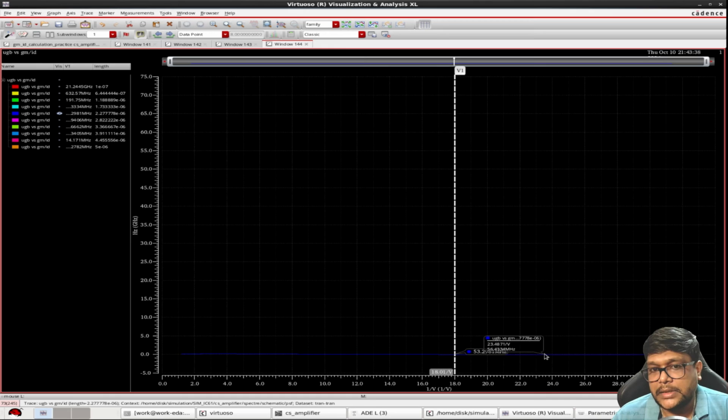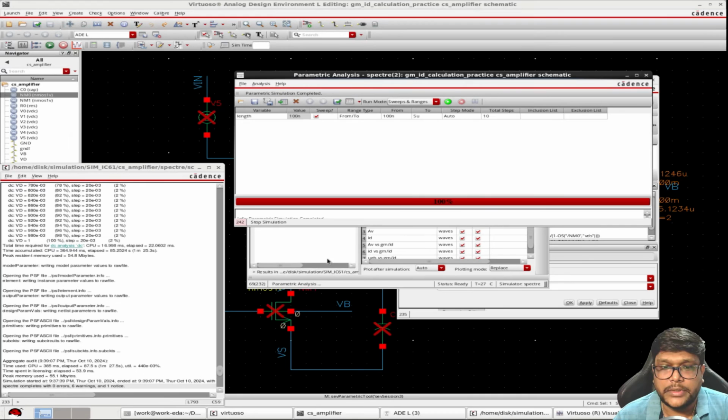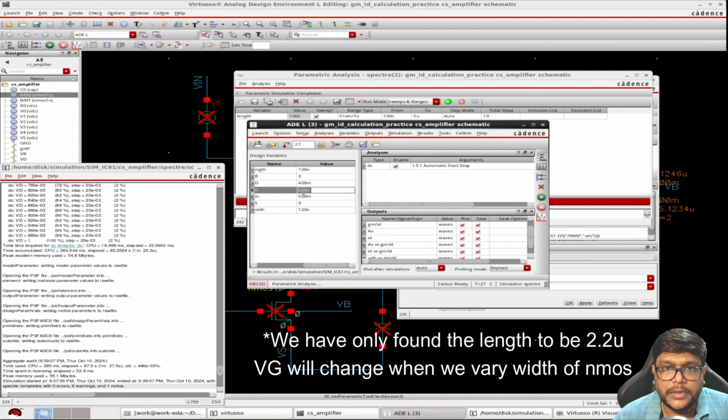So 53 megahertz is okay for our processor, because we need 10 megahertz. From this solution, our VG will be 208 millivolt, and our channel length will be 2.2U. That much we have got.